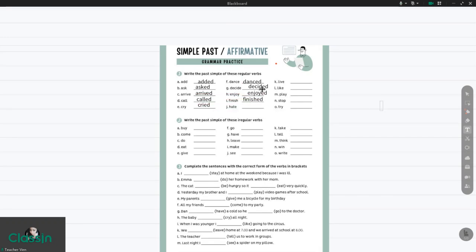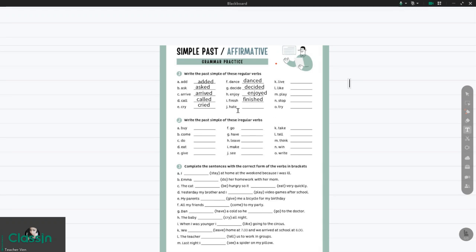Okay, there you have it. And for our decided, let's move it a little bit. Okay. There you go. Perfect. For our dance, I want you guys to see it very, very clearly, and also the spelling for our beginners and elementary learners. Okay.